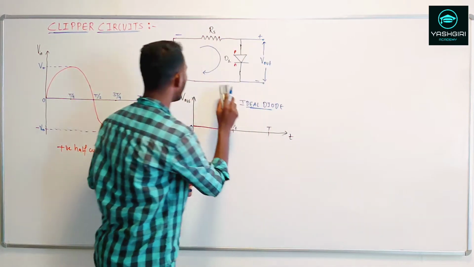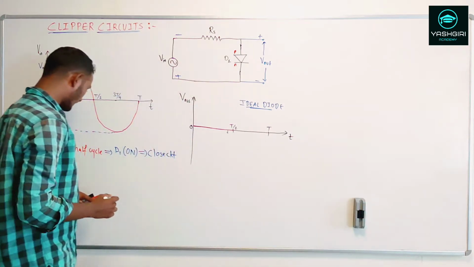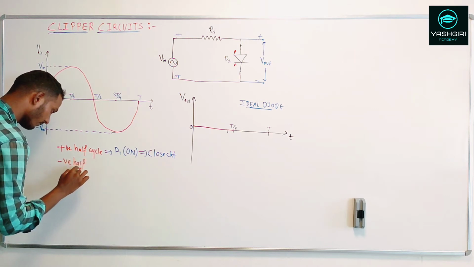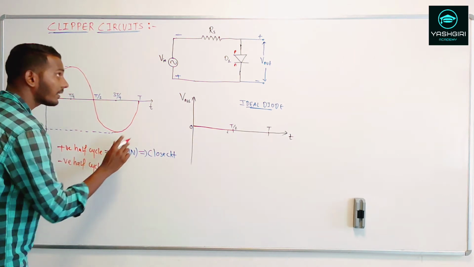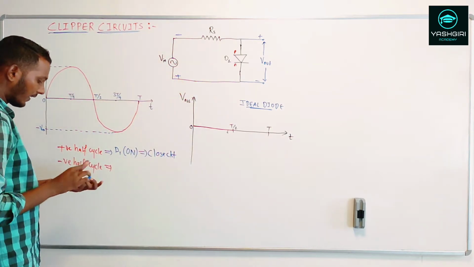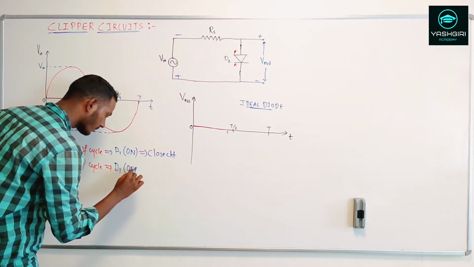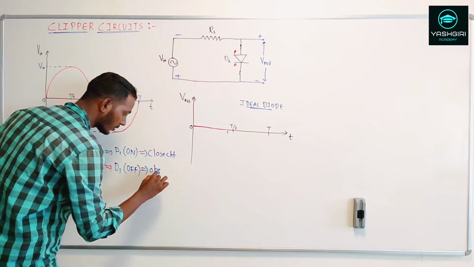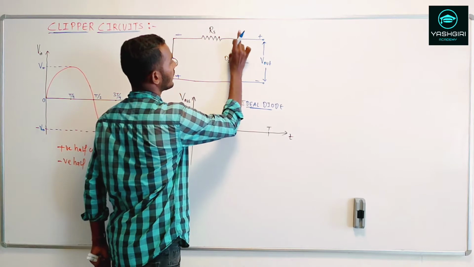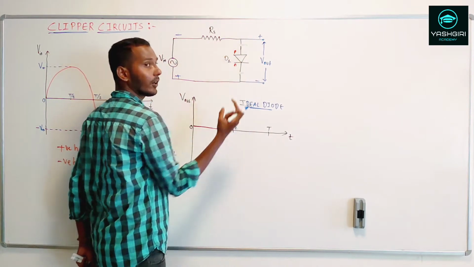Now if you look at the polarity, when it's in the negative half cycle, negative is connected to the P side, plus to the N, so the diode D1 will be reverse biased. The diode D1 is in the off state, or else you can consider this to be an open circuit. You can just imagine this diode acting like an open circuit.